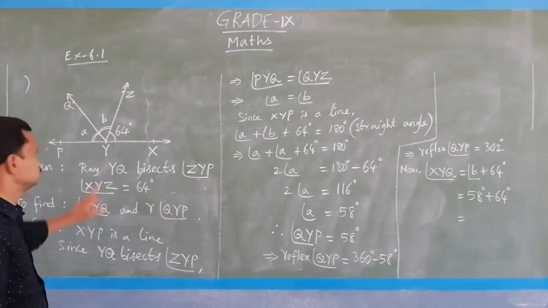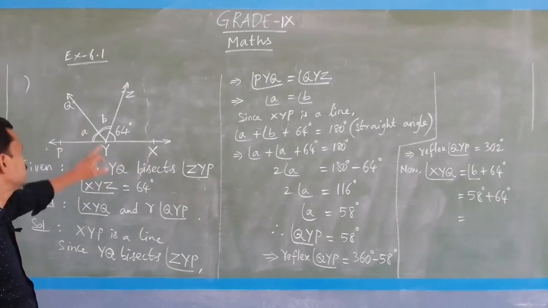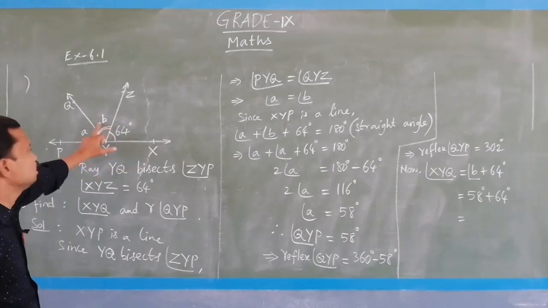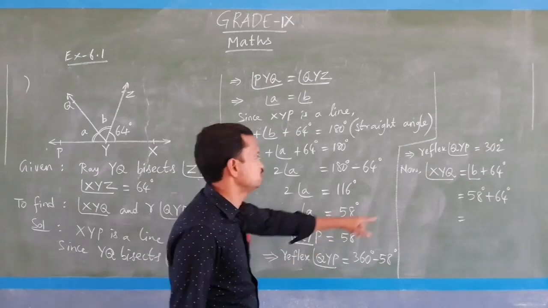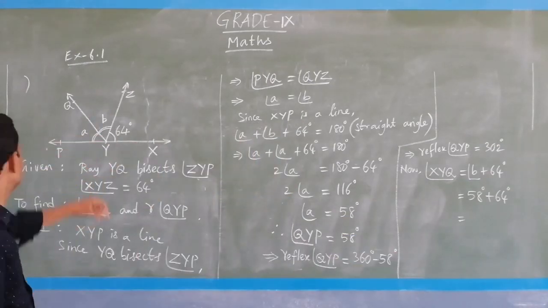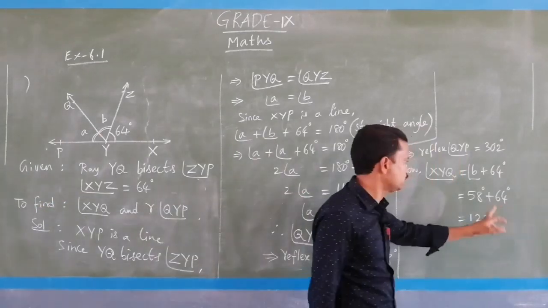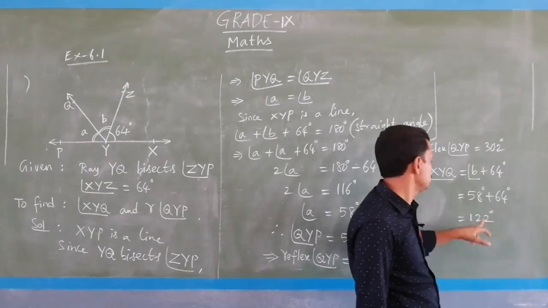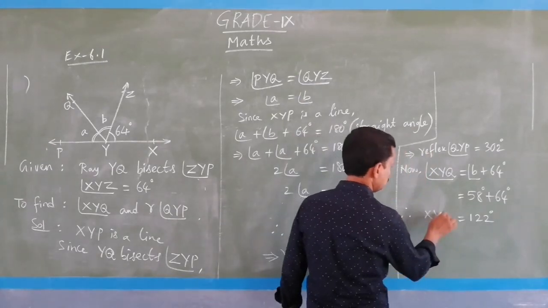From the figure we can easily see that XYQ is nothing but angle B plus 64. So if we add these two, we get XYQ as 122 degree. If you add, you get 4 plus 8, 12, 2 carry 1, 7 plus 12. Okay, 122 degree. So therefore angle XYQ is equal to 122 degree.